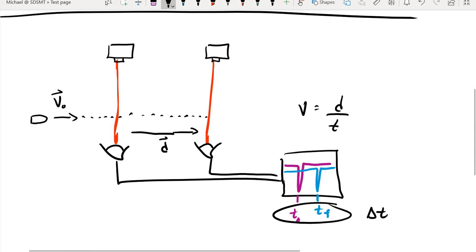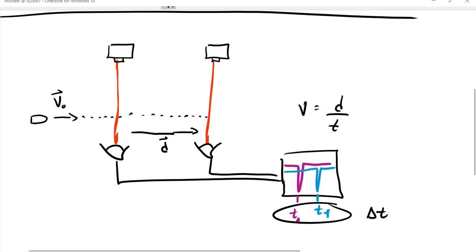It's going to be a lot easier for the computer to measure the time interval than it is for us to try and take a measurement by hand. We're probably not even going to see the bullet as it passes through those lasers, but the computer is going to be able to take those measurements far more efficiently.